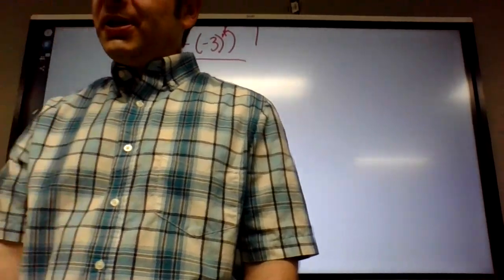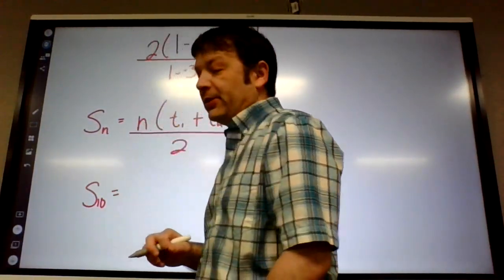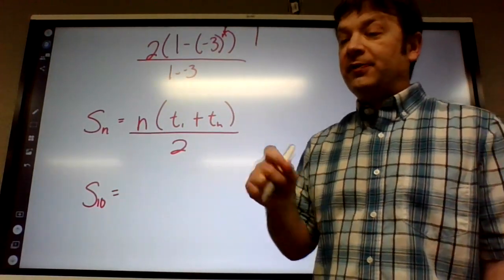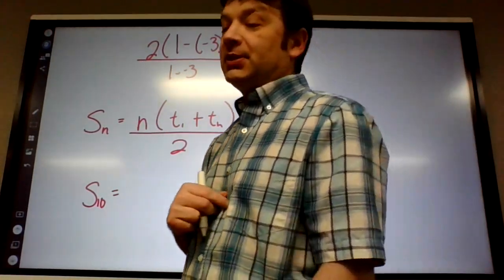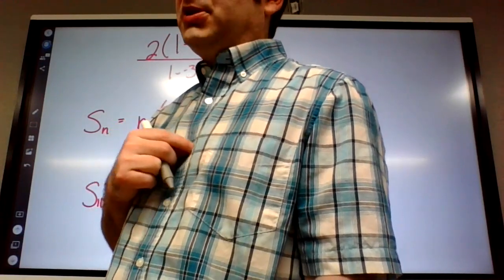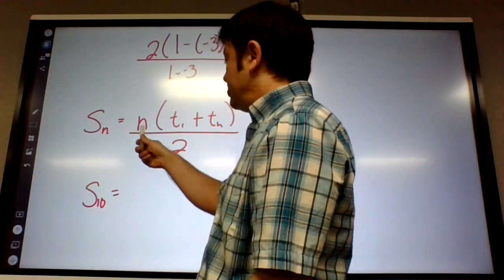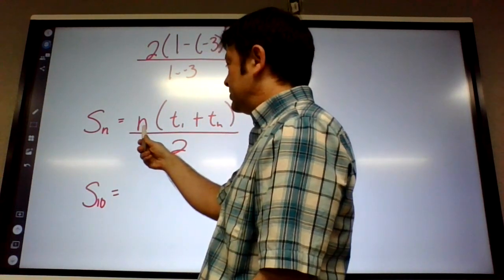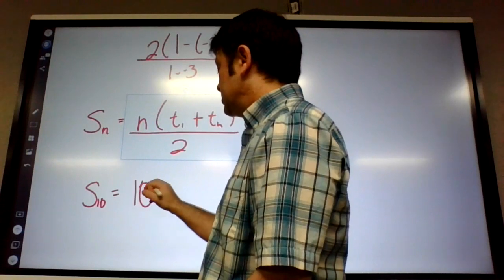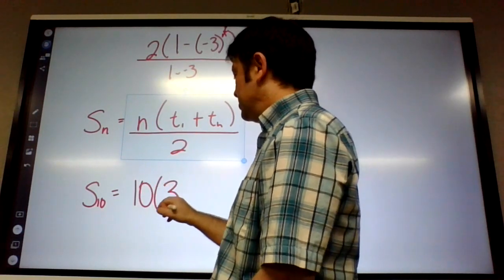So on number 1 it says S of 10. In other words, they want us to find the sum of the first 10 terms of the series that they give us. And they tell us that the first term, t sub 1, is 3. So what am I going to put in for n right here? 10. What am I going to put in for t sub 1? 3.